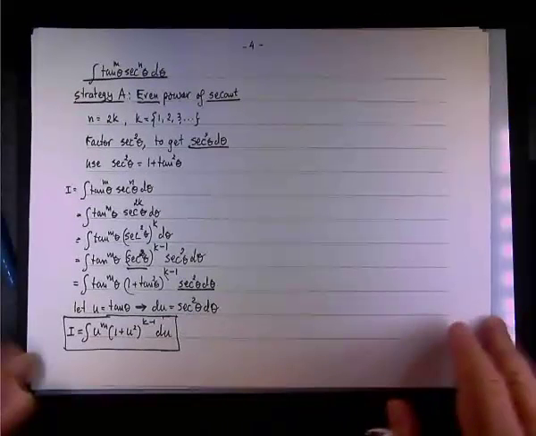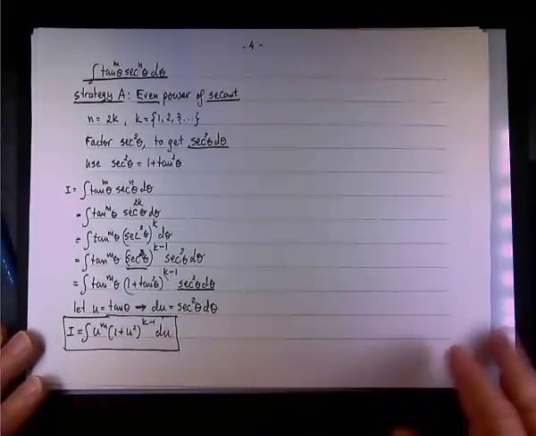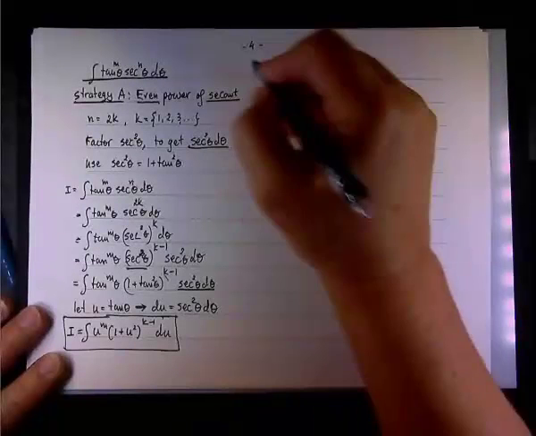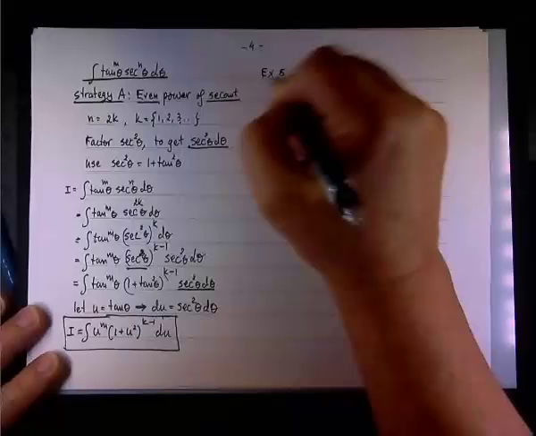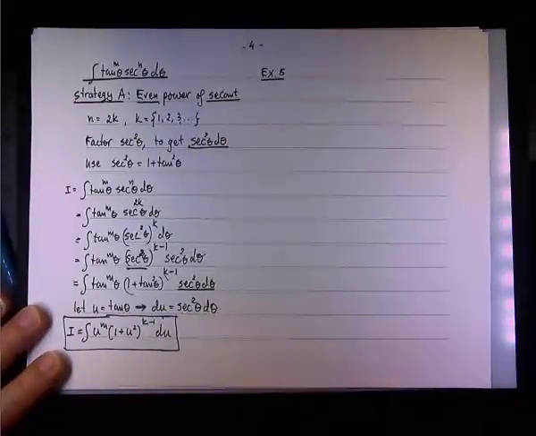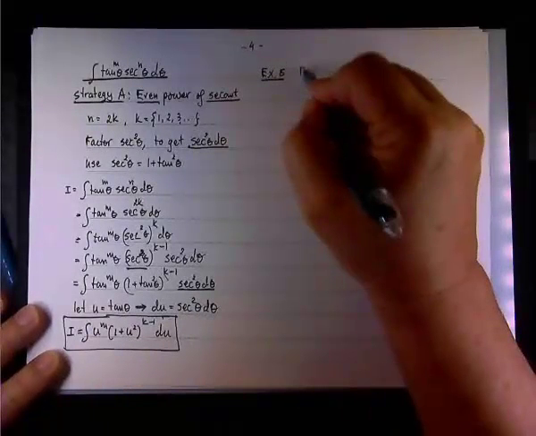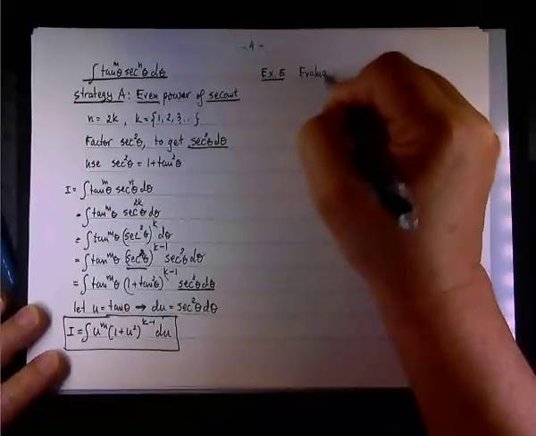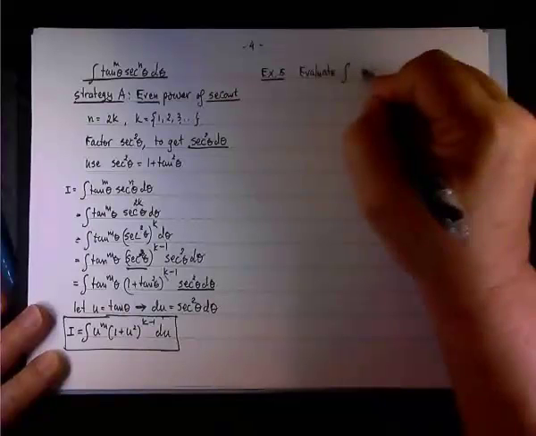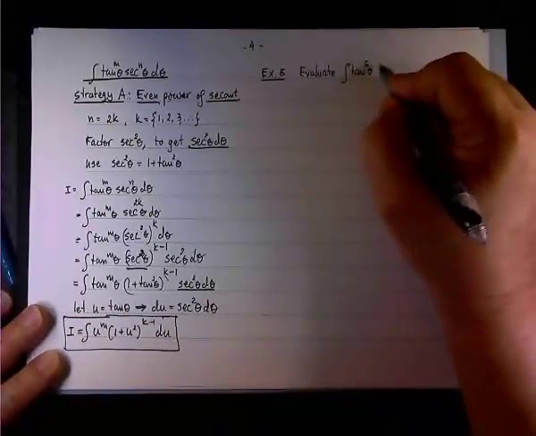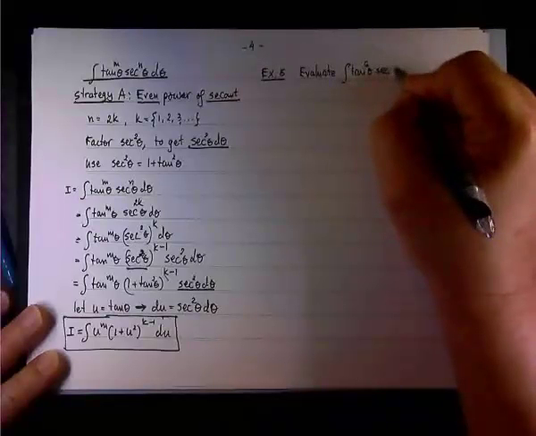Let's look at an example here. So here's an example. This would be example 5. We want to evaluate the integral of tangent theta to the 6th power times secant theta to the 4th power.